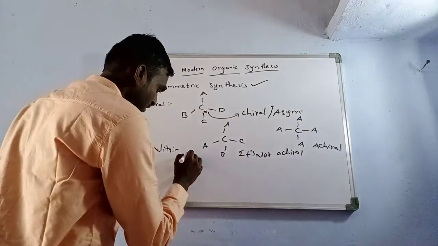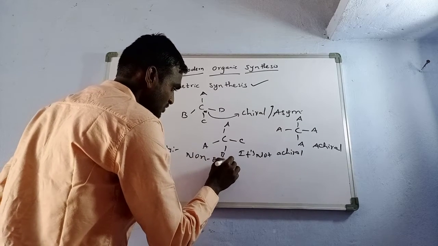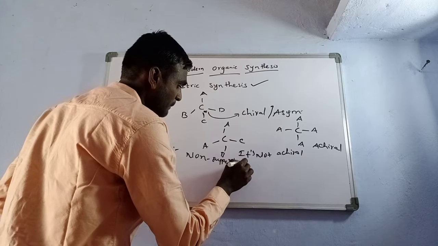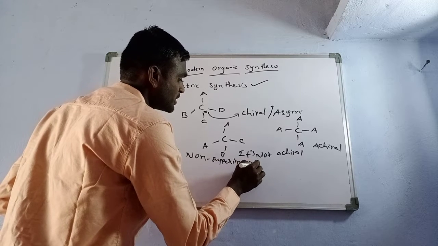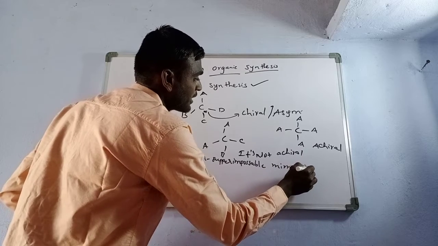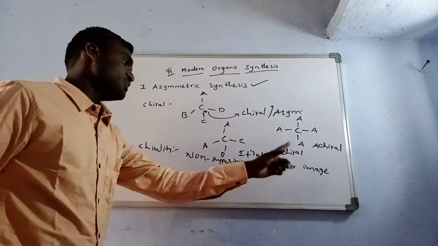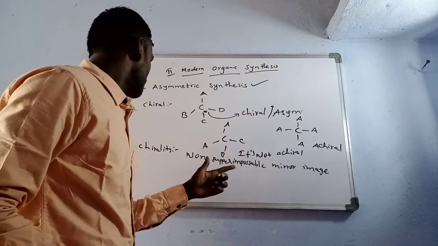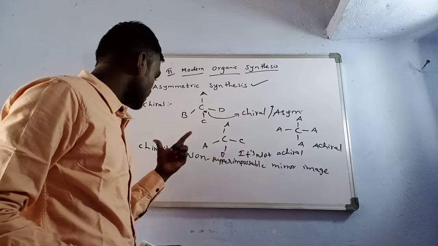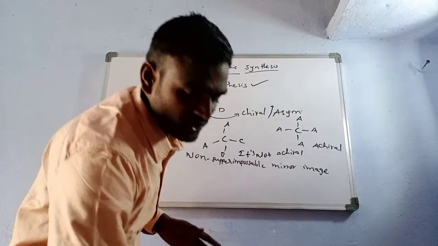Whenever a non-superimposable mirror image relationship exists, that is known as the chirality condition. Let's take an example.